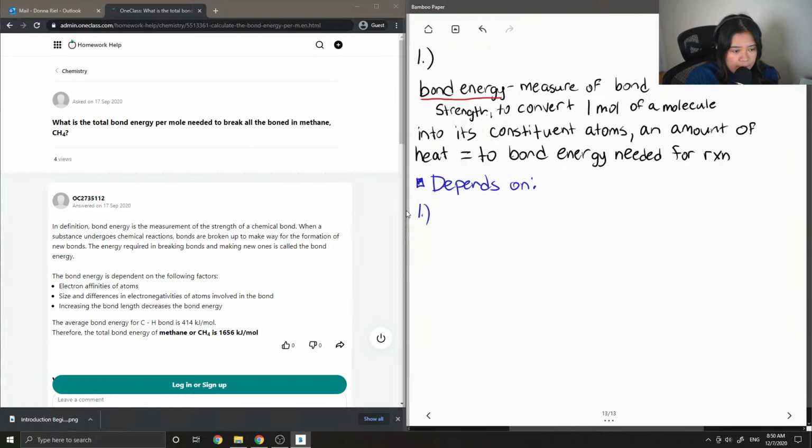It can depend on the electron affinity of atoms, the size and electronegativities of atoms, and also the bond length.